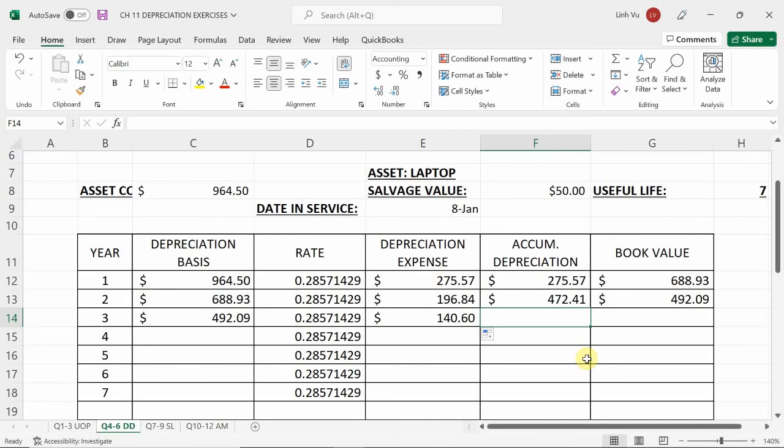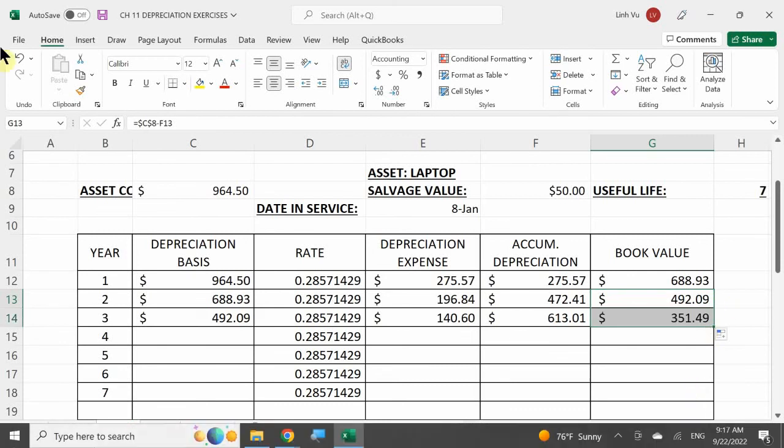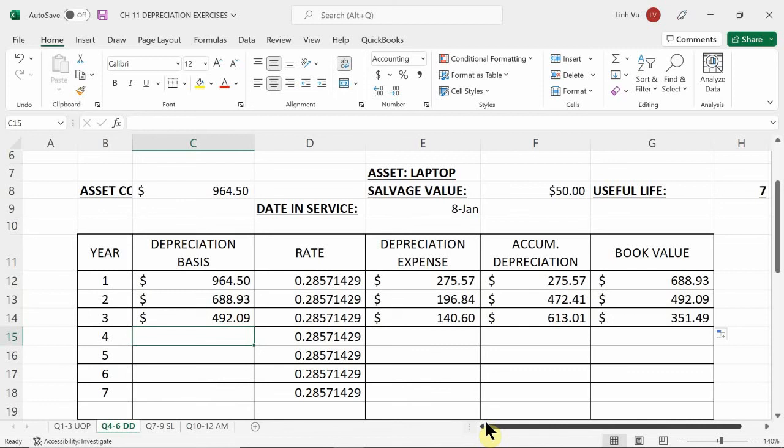So what's the accumulated? $613. Good. And 1 cent, right? Because you got 41 cents plus 60 cents. Okay. So that penny. And therefore your book value should be $351.49. Good.